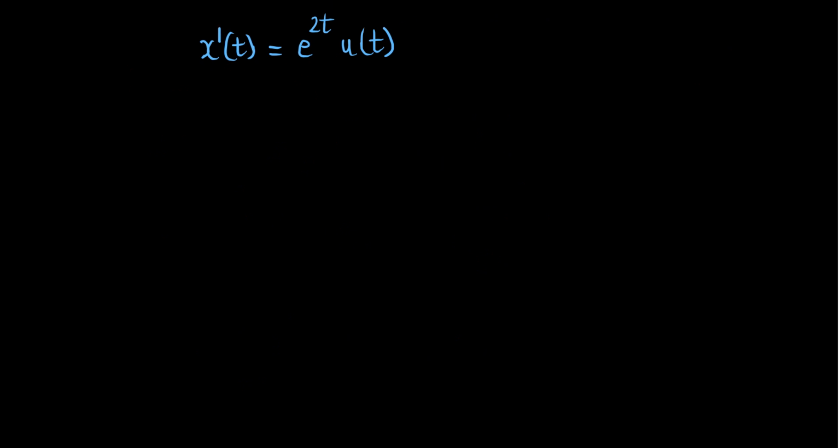That's not a derivative, it's simply a different signal, so let me denote it with another variable, y of t. So I have this signal y of t, that is e power 2t u of t times an additional factor, let that be e power minus 3t.